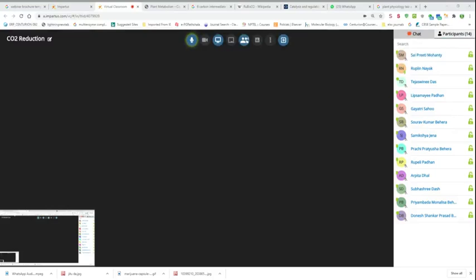As we know, this is a 5 carbon compound. 5 plus 1 carbon becomes 6 carbon, and after that the 6 carbon compound splits into two 3 carbon compounds, called 3-phosphoglycerate or 3-phosphoglyceric acid.